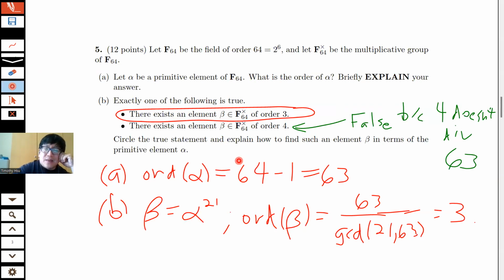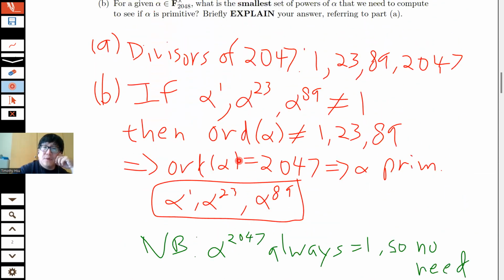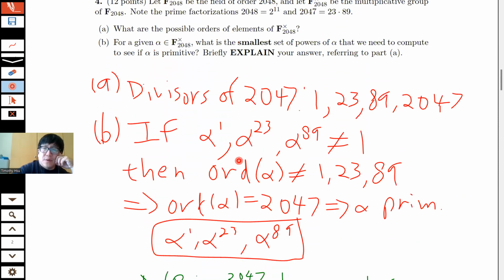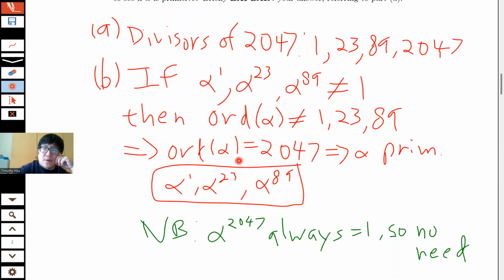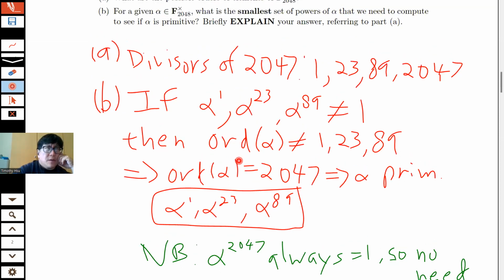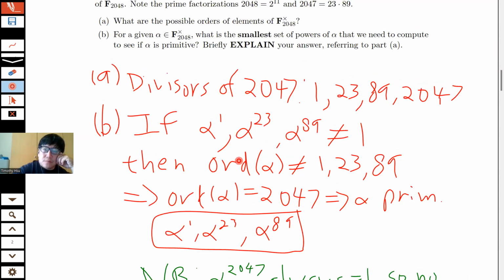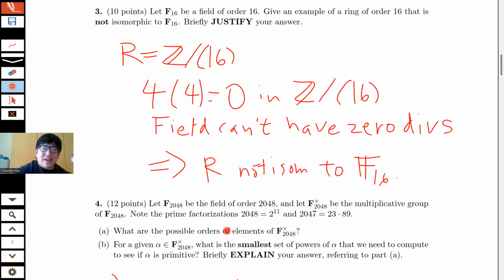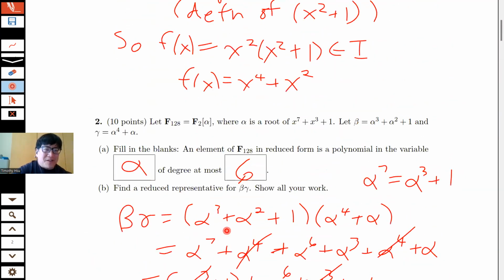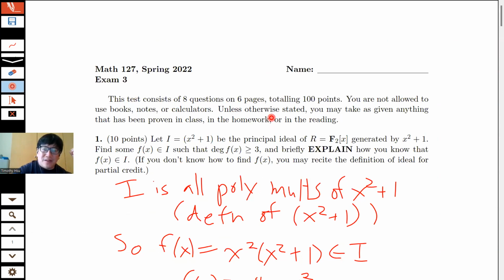Also for number 4, that one says briefly. Should we just say by textbook definition, or should we write down the textbook definition we're using to answer the question? The instructions say, unless otherwise stated, you may take as given anything that has been proven in class, in the homework, or in the reading.